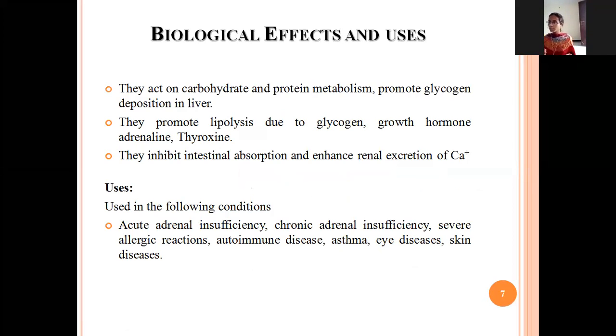They inhibit intestinal absorption and enhance the renal excretion of calcium. Next, uses. It is used in certain conditions like acute adrenal insufficiency, chronic adrenal insufficiency, severe allergic conditions, autoimmune disease, asthma, eye diseases, and skin diseases. For these conditions, we are using it for the treatment.